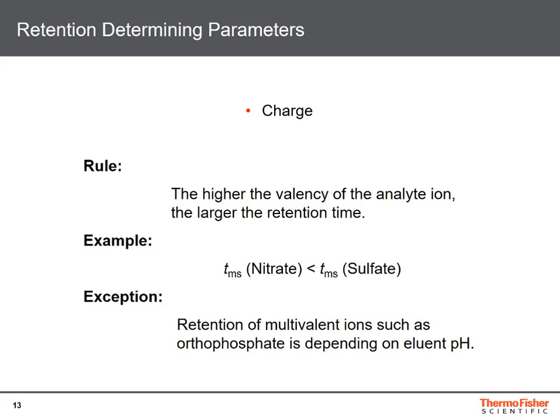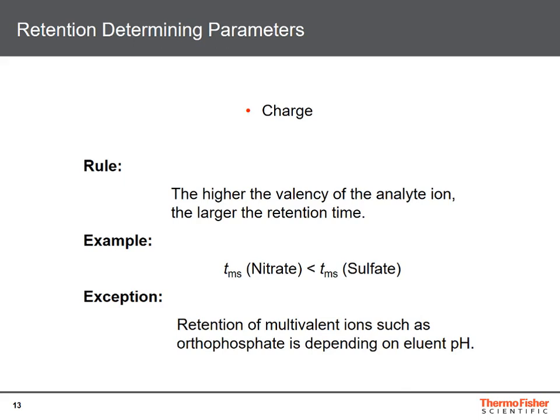As an example, we typically observe the monovalent nitrate ion eluting ahead of the divalent sulfate ion, although we can design chromatographic conditions such as very high eluent concentrations where this elution order is reversed.